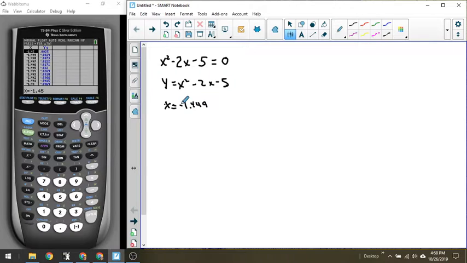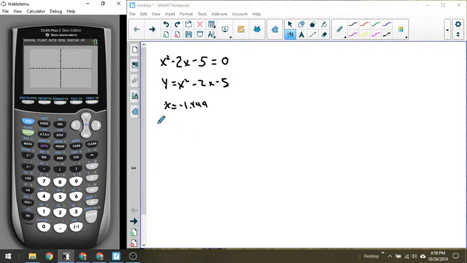So I'm going to go back to my graph. The other x is between 3 and 4. So now I'm going to go back and find it with that one, setting my first x as 3.